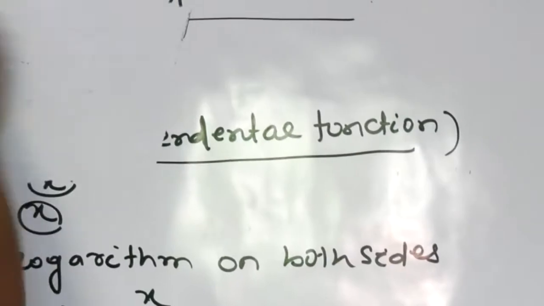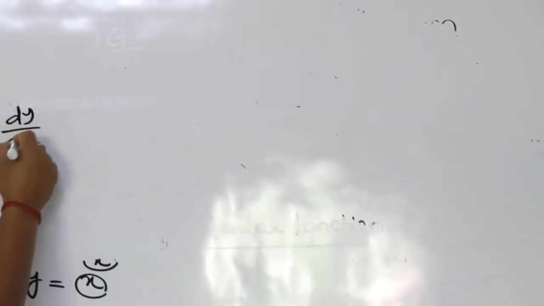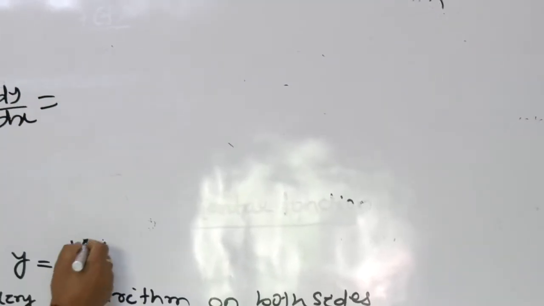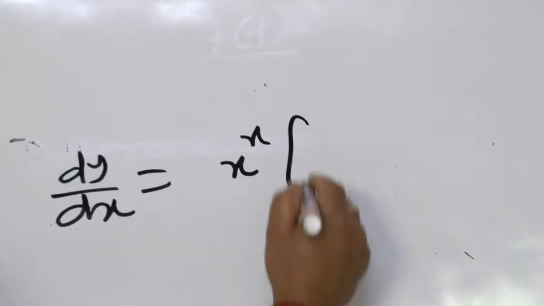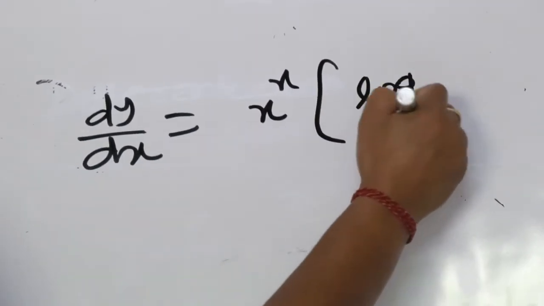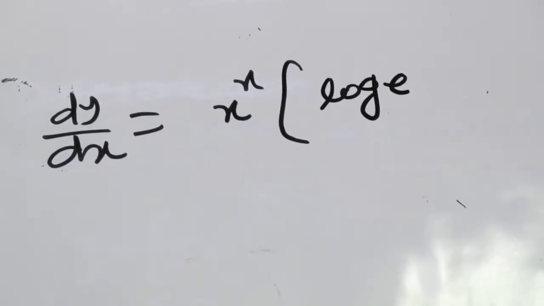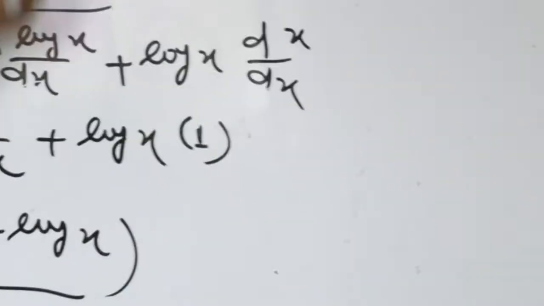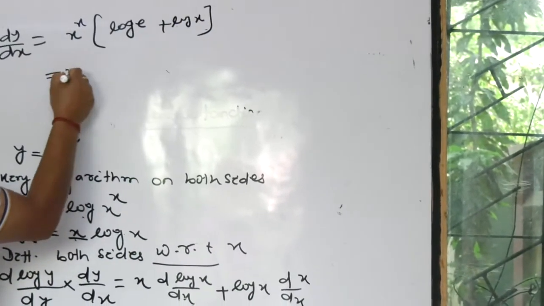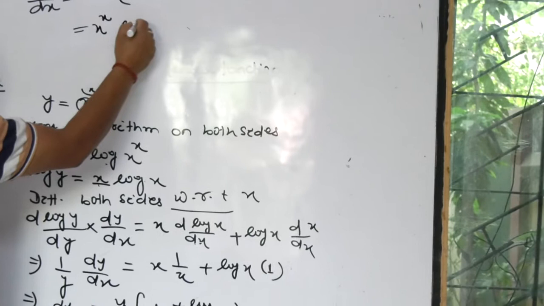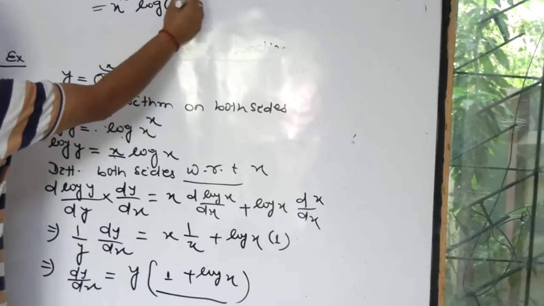Then substitute the value of y here. dy by dx equals, y means x to the power x, into 1 plus log x. Instead of 1, we can write log e for simplification; this is also a correct answer. Log e plus log x, that is equal to x to the power x into log ex.